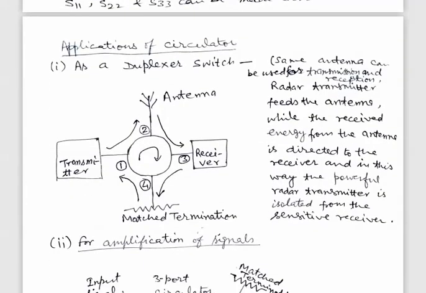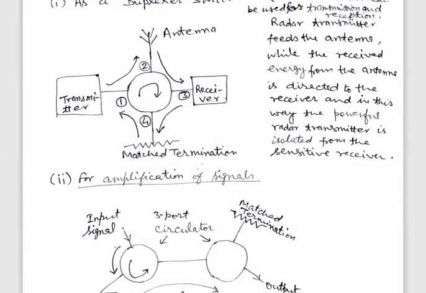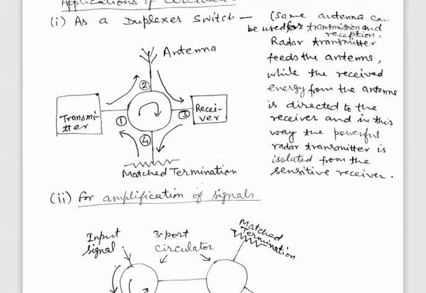One of the applications is shown in the figure as a duplexer switch in radar communication. Duplexer switch means the same antenna can be used for both transmission and reception.